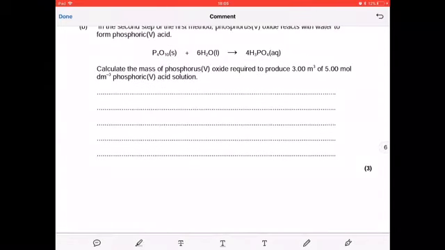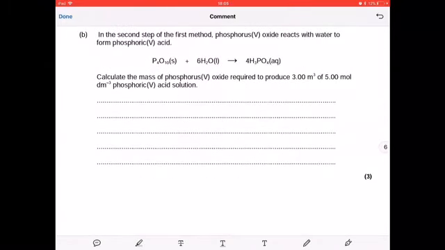In this one we have to calculate the mass of phosphoric acid and link it to a certain volume and concentration. So initially, remember, phosphorus 5 oxide is P4O10, and we need to work out its mass. Phosphoric acid is this one here, H3PO4. So again we're going to make a table, P4O10.